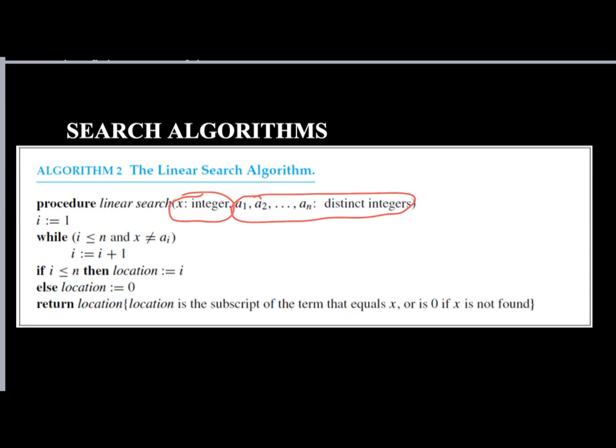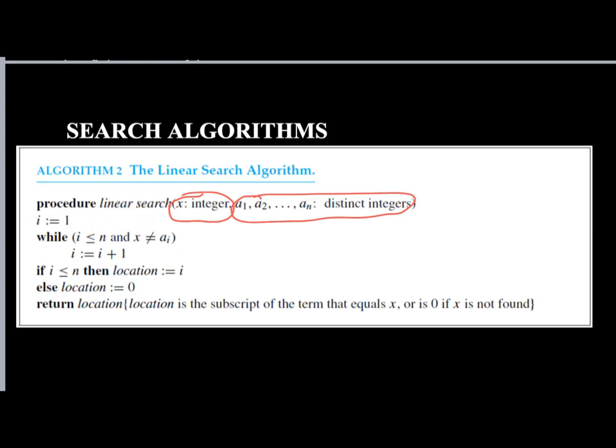This is one where I want you to try it. Try it on your own. That is, I want you to pick an integer and then a list of distinct integers and try to run this algorithm. So take I to be 1, is how it starts out, and then as long as two things are satisfied. Remember how ANDs work from our section on truth tables. An AND is only true when both parts are true.